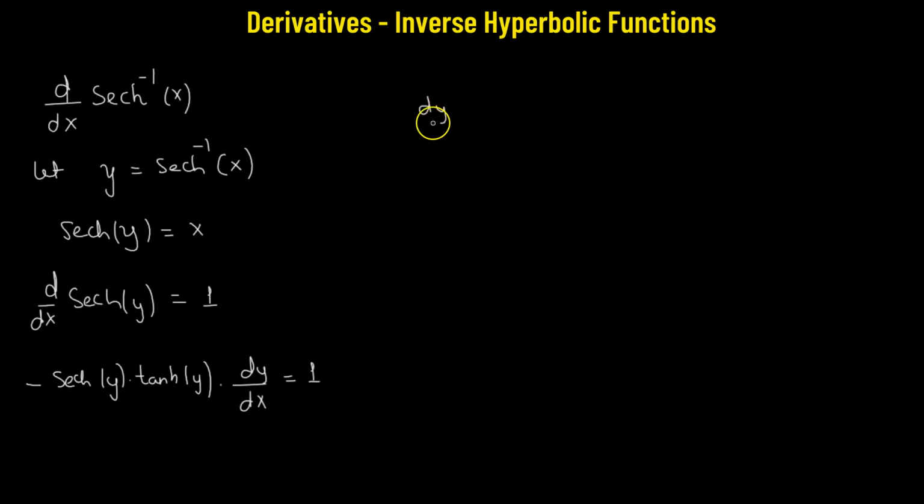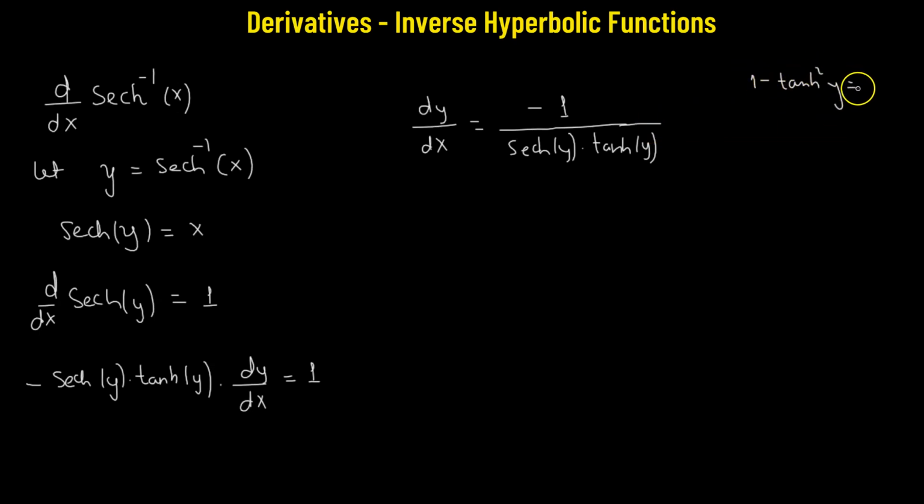Or we get the derivative of y with respect to x will be equal to negative 1 divided by secant hyperbolic y times tangent hyperbolic of y. So we can use the identity that 1 minus tangent hyperbolic squared y is equal to secant hyperbolic squared y.